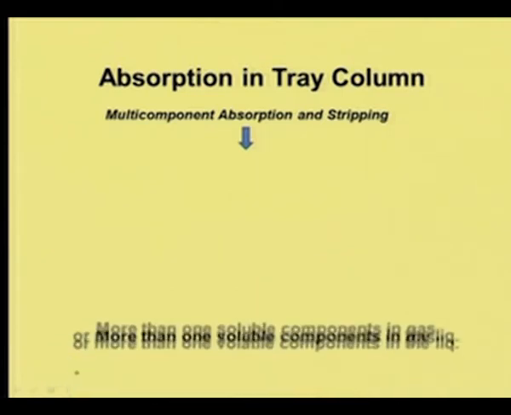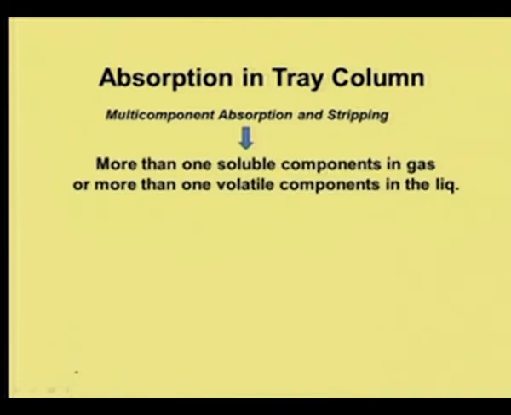Now, we will discuss the absorption in tray columns, where not single components, but multi components are involved. So, multi component absorption and stripping: when there are more than one soluble components in the gas or more than one volatile component in the liquid phase, then this is a multi component system.